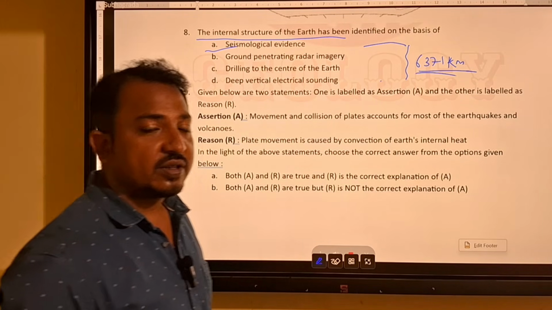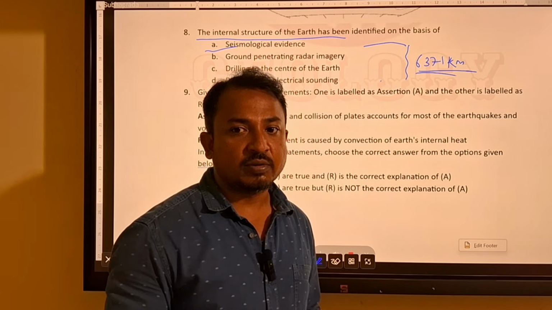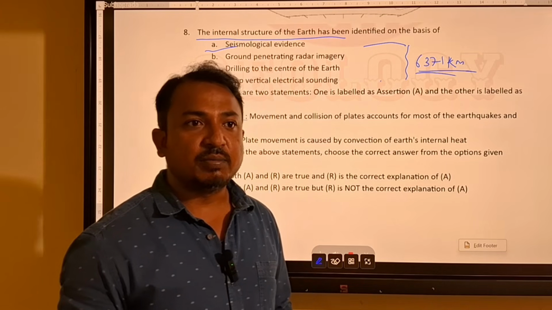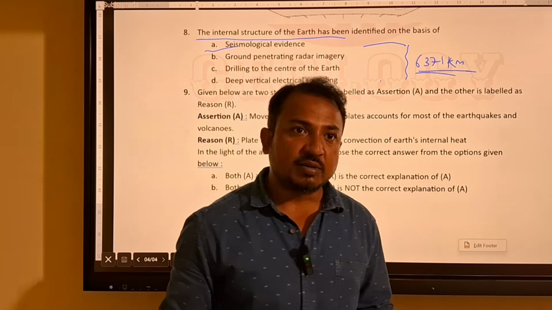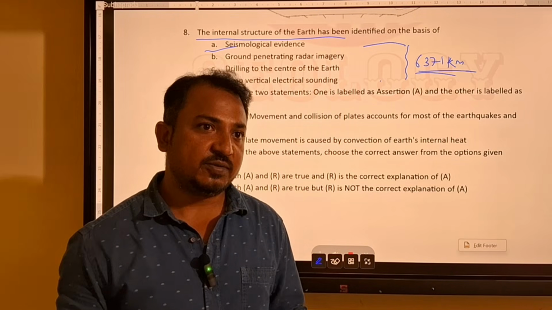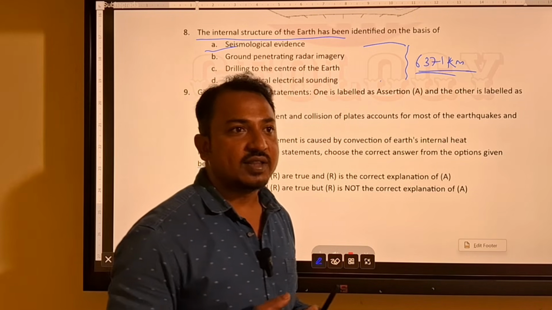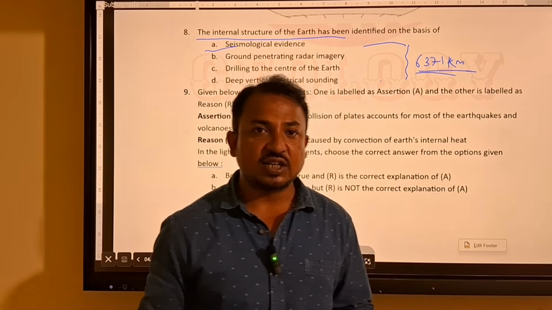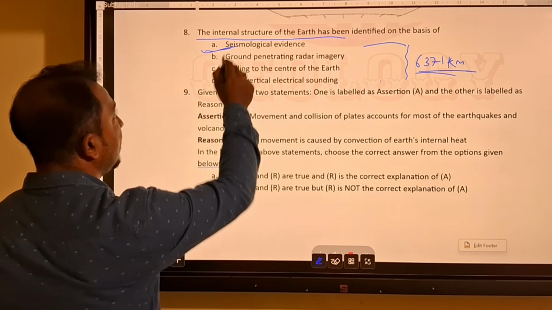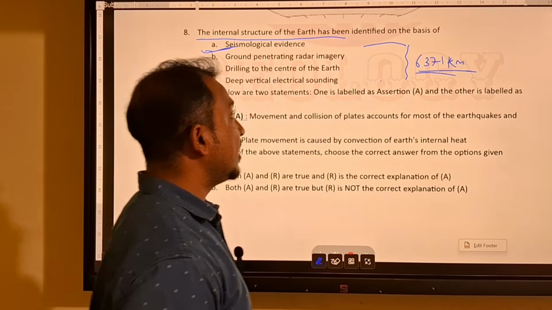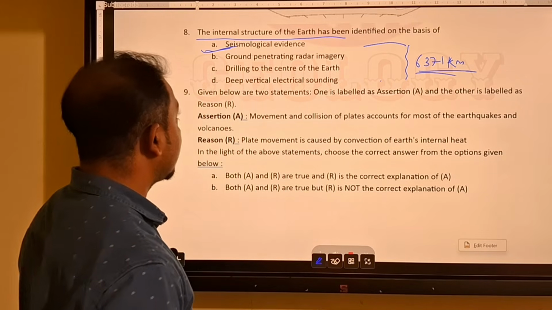We produce seismic waves that enter the subsurface region of the Earth. Then according to the change in velocity of the seismic wave, we can determine the layers of the Earth, because a seismic wave is an elastic wave that changes with change in density and rock composition. So from seismological evidence we identified the layers of the Earth.